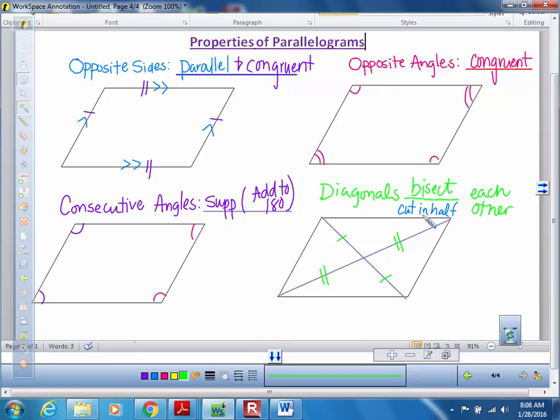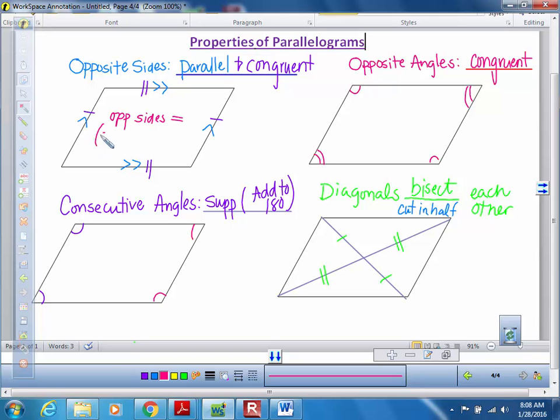So, given all of these properties, that means we can use these in order to solve for sides and angles. So let me give you some formulas that will help you solve for sides and angles. If we're looking at sides, what's going to be helpful here is that our opposite sides will be equal.